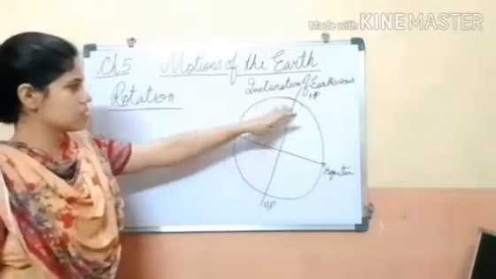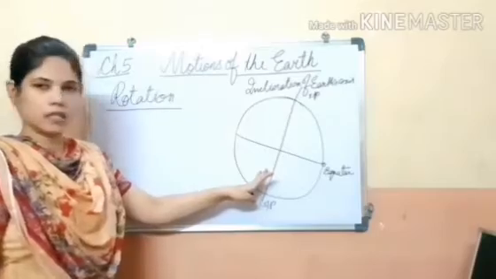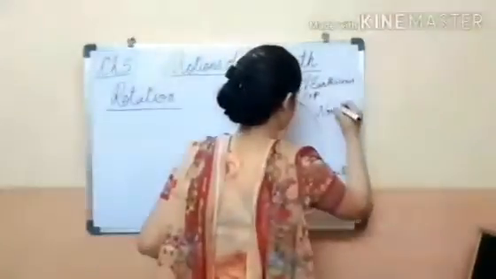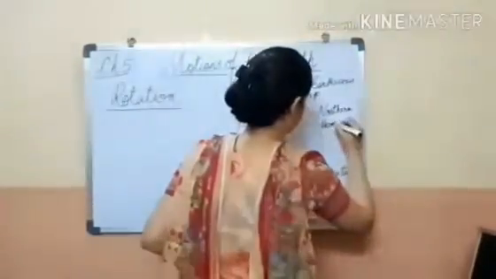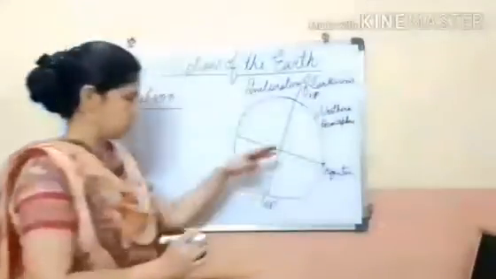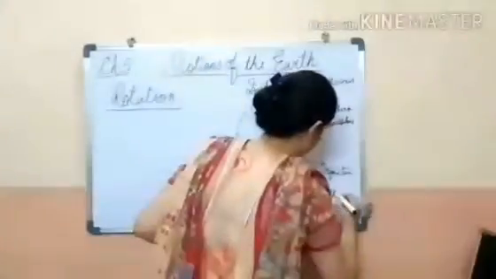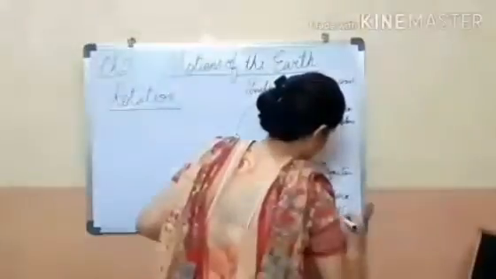That is, the northern hemisphere, and second is the southern hemisphere. So this is the northern hemisphere, and this part, the lower part, is called the southern hemisphere.